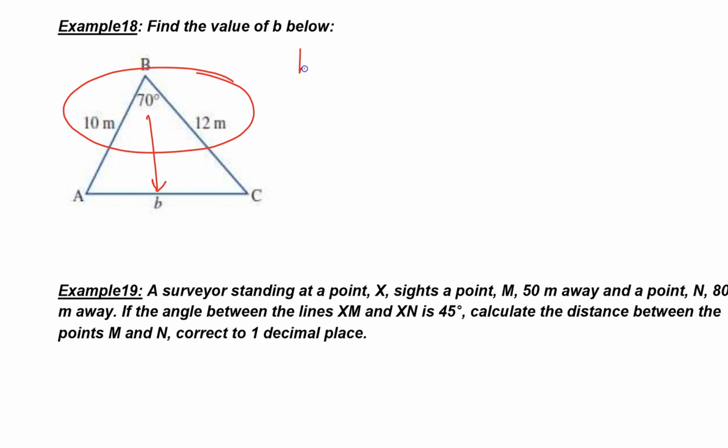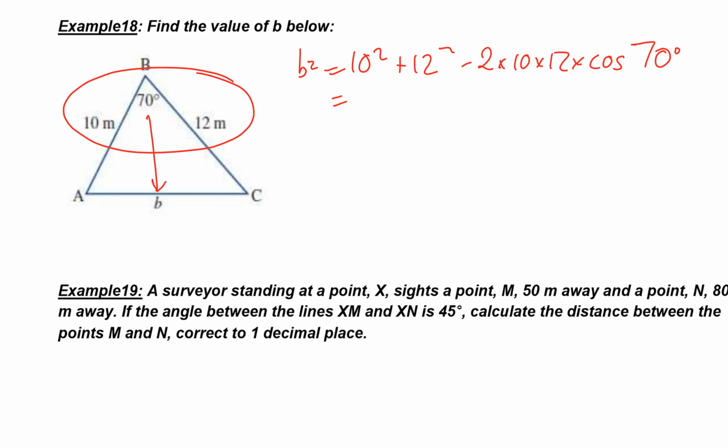So B squared equals, I know that we've used A, B and C in the formula, but this is labelled as B. So B squared equals 10 squared plus 12 squared, these two sides, minus 2 times 10 by 12 times the cos of the included angle, 70 degrees.